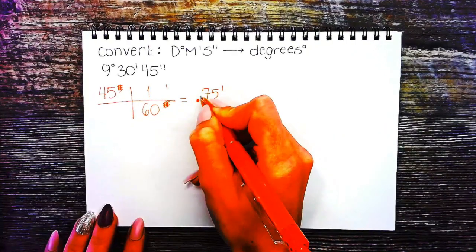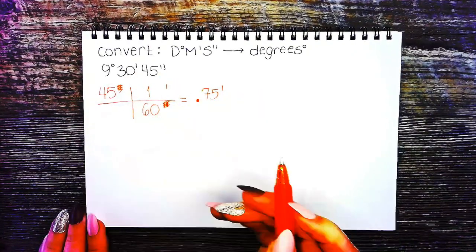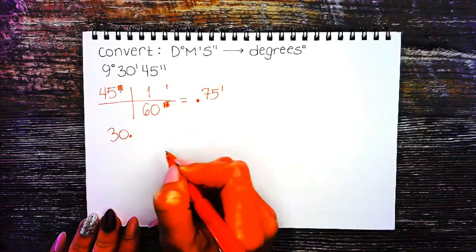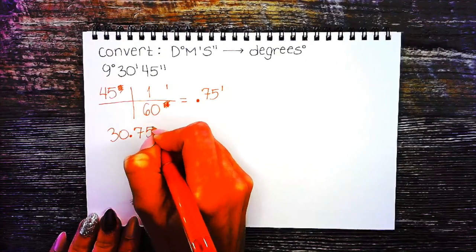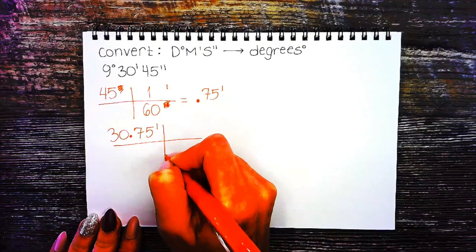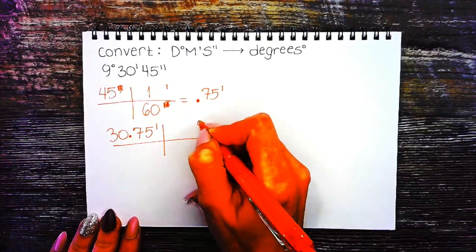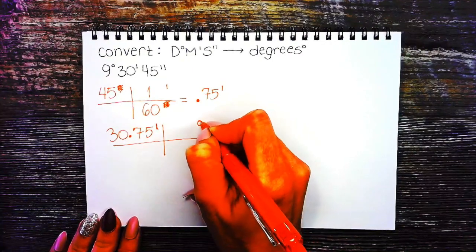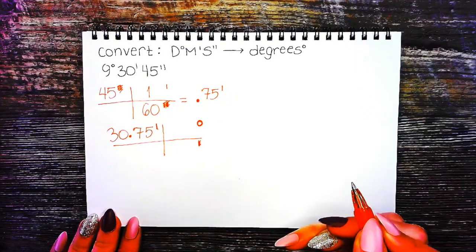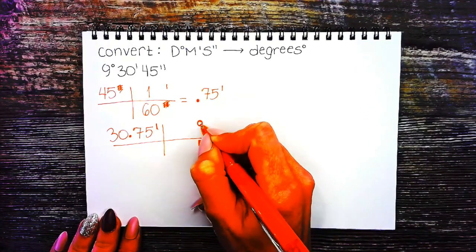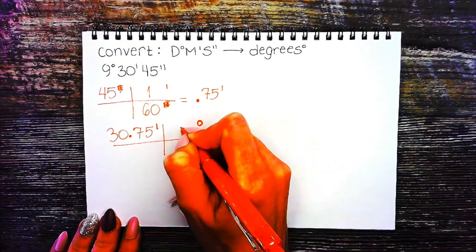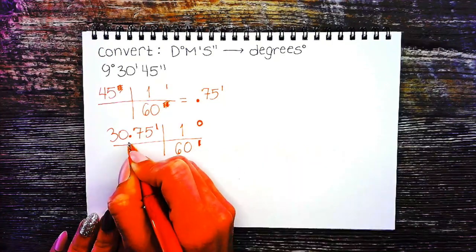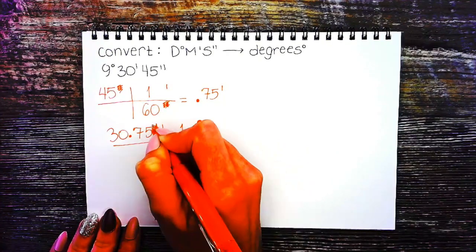We're going to take that 0.75 minutes and tack it on to the existing amount of minutes. Now we're working with 30.75 minutes, and we want this to convert to degrees. The minutes has to reduce, so I put that on the bottom. The degrees are going to be in my answer, so I put it in the numerator. How many degrees equals how many minutes? 1 degree equals 60 minutes. The minutes reduce.